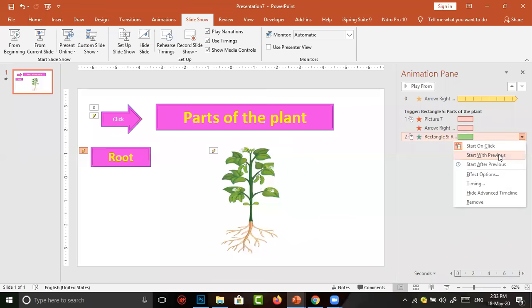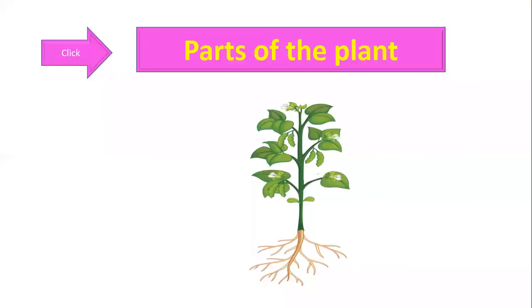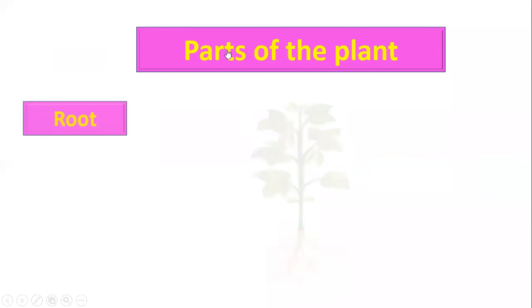Okay, sir. That's all. Again, we see. When clicking on parts of the plant, both the image and arrow mark disappear at the same time. Root appears.